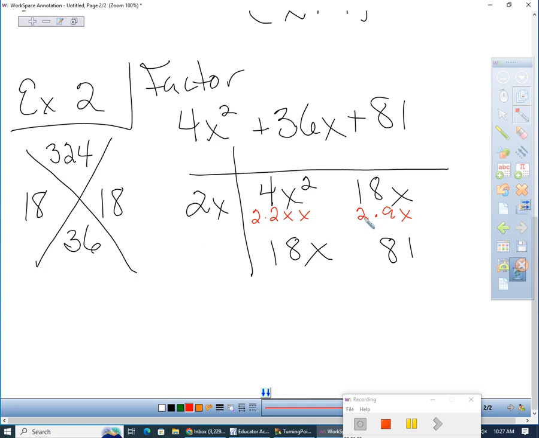So we have a 2 in common, and we have an x in common. How about the next one? What's in common at 18x and 81? 9, good, positive 9. Up and down, I already used 1, 2, and an x. So what's in common this way? 2x. And what's in common in 18x and 81? Awesome. Correct. 2x plus 9 squared. Exactly.